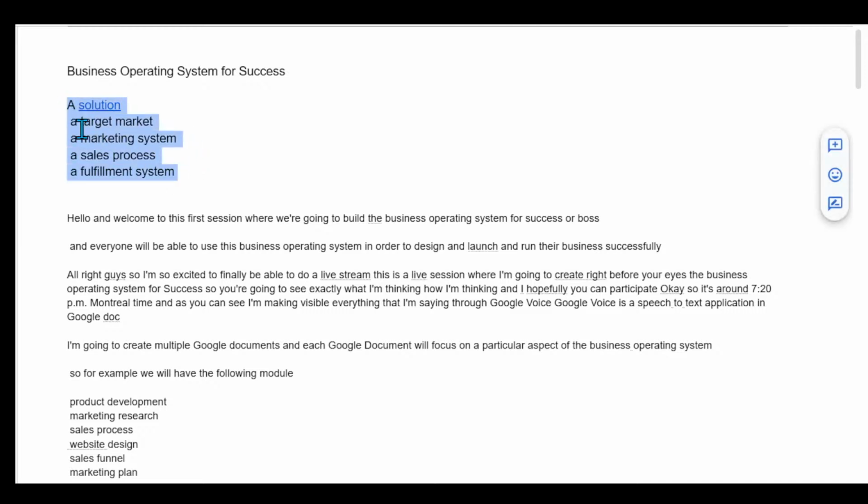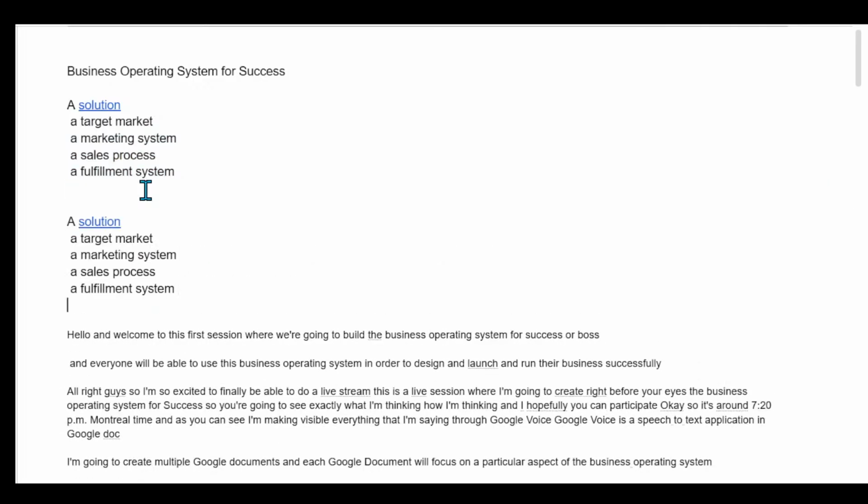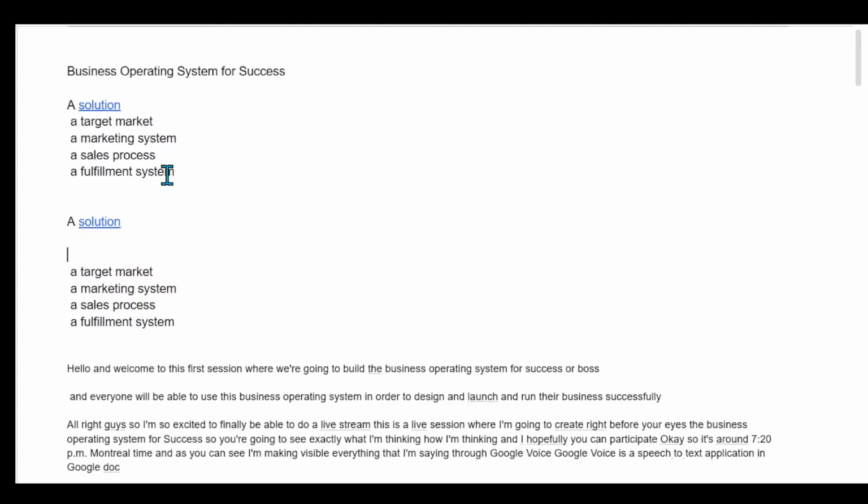Let's describe a little bit, because you have to understand exactly what these 5 critical components are. I'm just going to give a bit of a lecture so that you understand that these are the 5 pillars of a business. A solution is basically a product or a service that you've created in response to a problem experienced by a homogeneous target market.